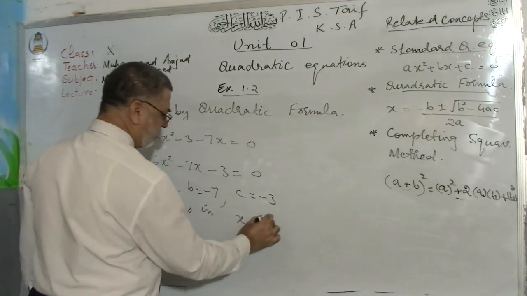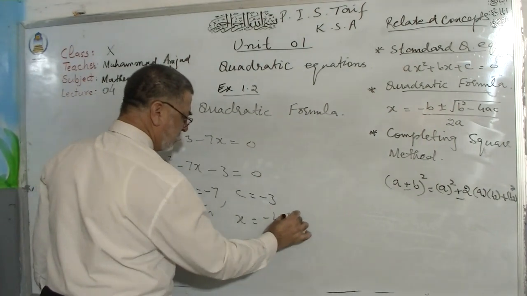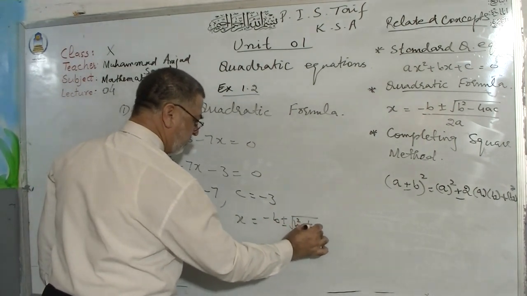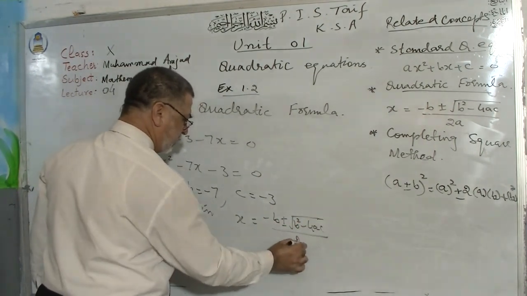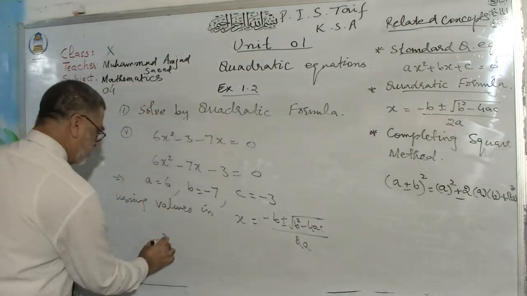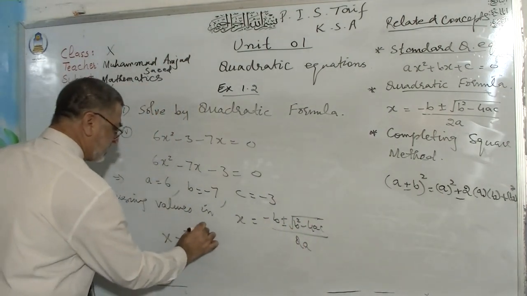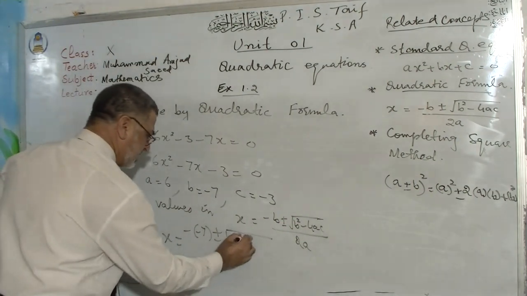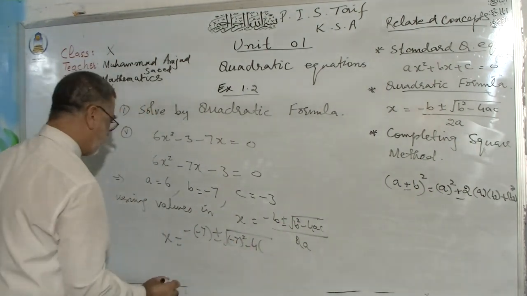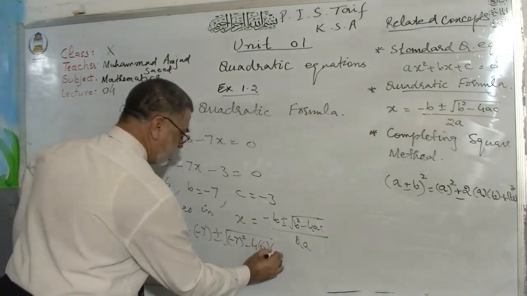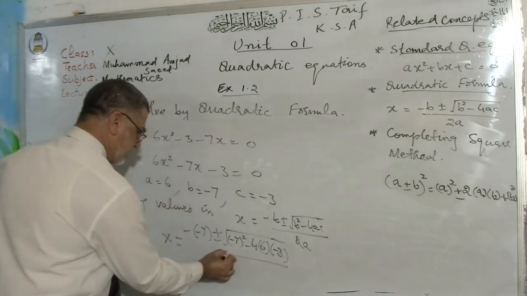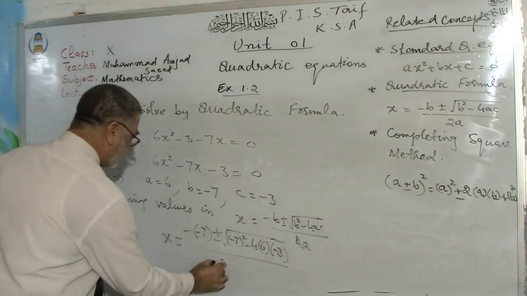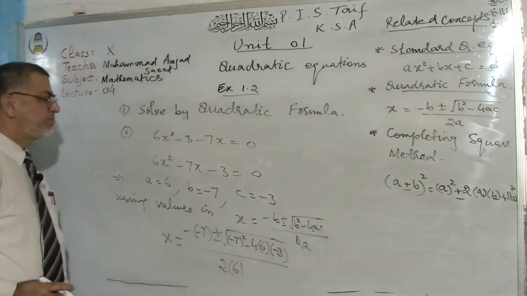In x is equal to minus b plus minus the square root of b squared minus 4ac, divided by 2a. So x is equal to minus minus 7 plus minus the square root of 7 squared minus 4, a is 6, c is minus 3, divided by 2 times 6.